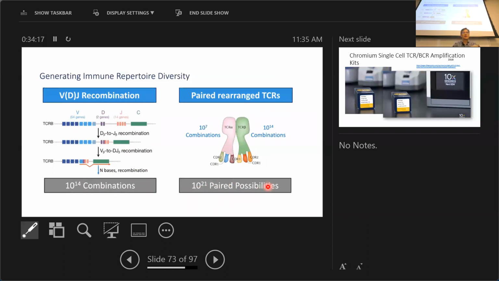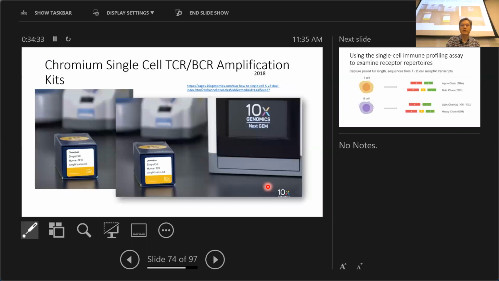So from this ocean of combinations, we have highly selected T cell subtypes under different conditions. Okay. So people want to know what kind of combinations are in there.